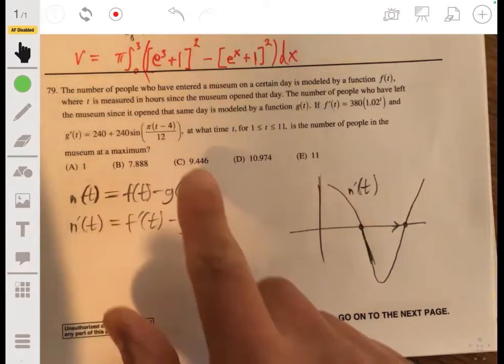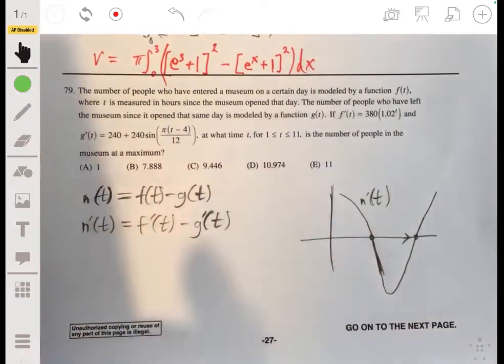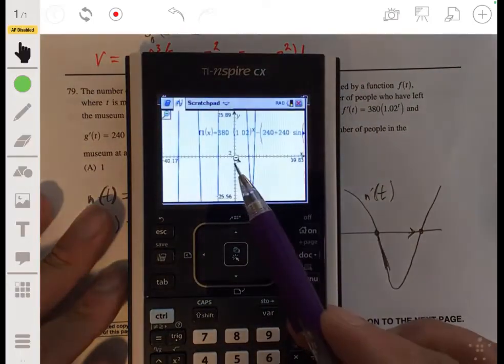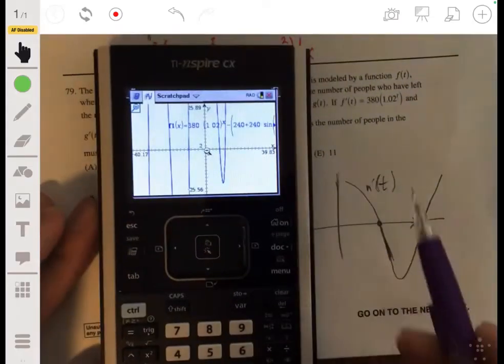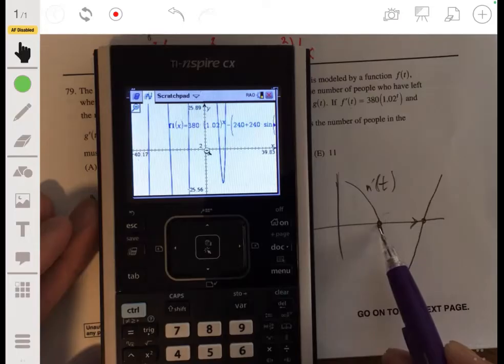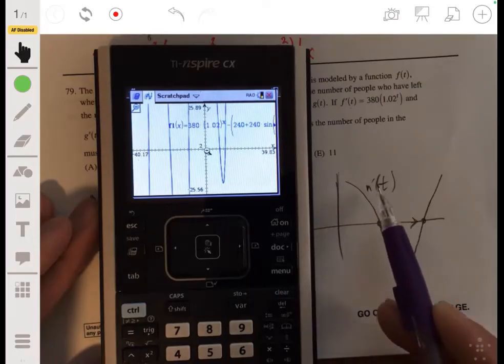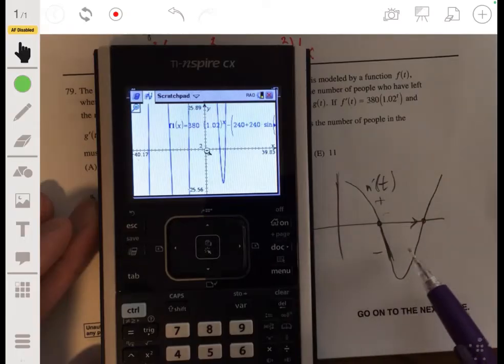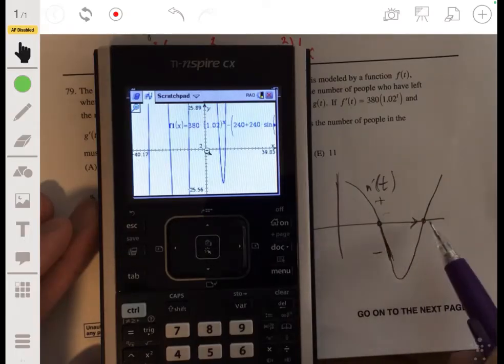And since we're only studying up to t equals 11, the maximum number of people will occur at this point, because all the way up to here, the number of people in the museum increases because n prime of t is positive. After this point, it decreases because n prime of t is negative.